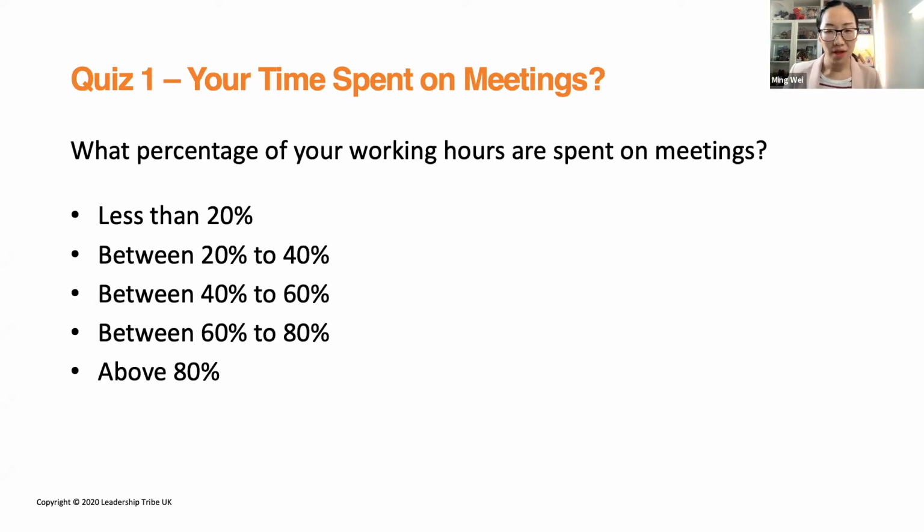And then almost 30% said we spend between 60% to 80% in meetings. I think those two groups stand for the large majority of this team. That's not a small amount of time which we spend on meetings these days, is it? So the majority of us spend a significant amount of time on meetings.